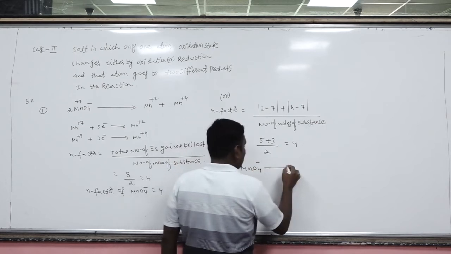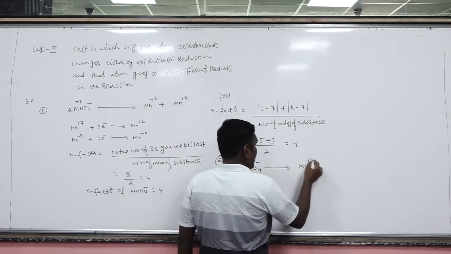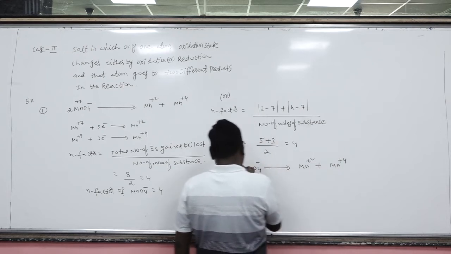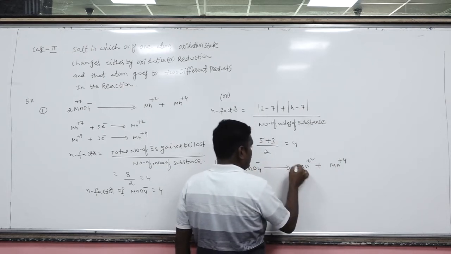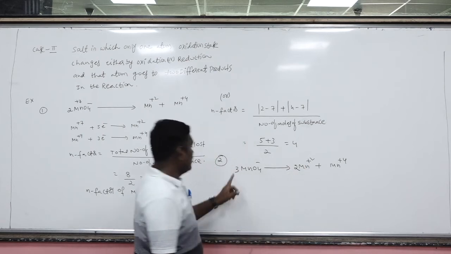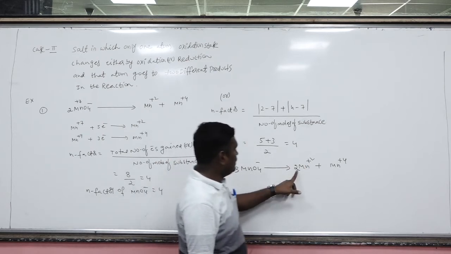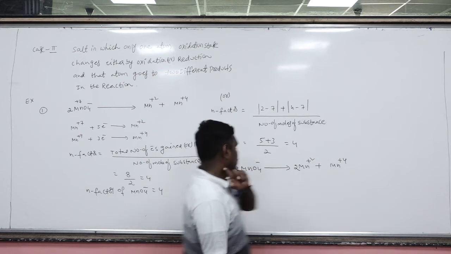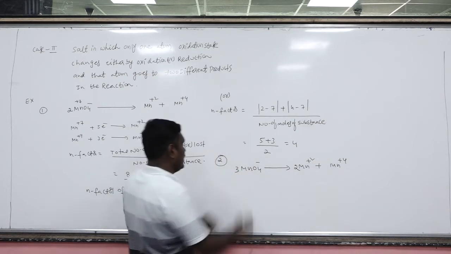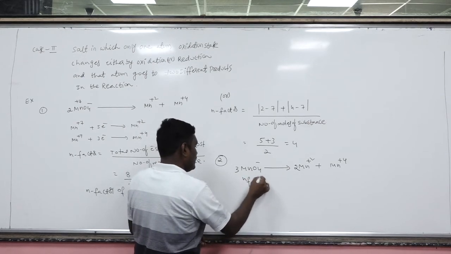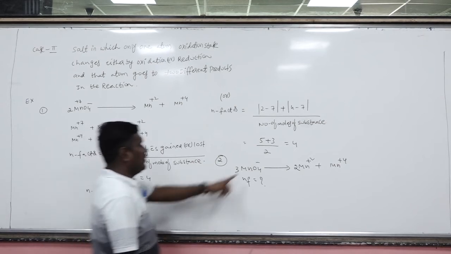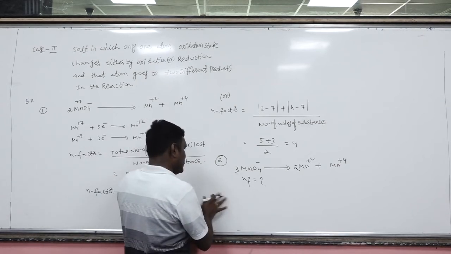MnO4 minus changes into Mn plus 2 and Mn plus 4. Let's suppose I am taking 3 here. So balancing is compulsory. Out of the 3 manganese, 2 manganese atoms will change into +2 and 1 manganese will change into +4. Now what is the N factor of this species, the MnO4 minus?